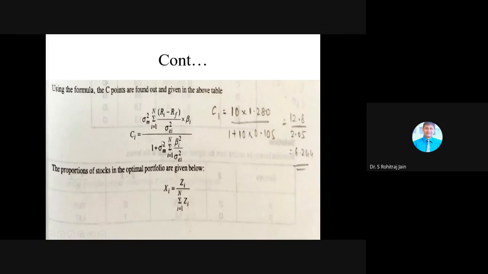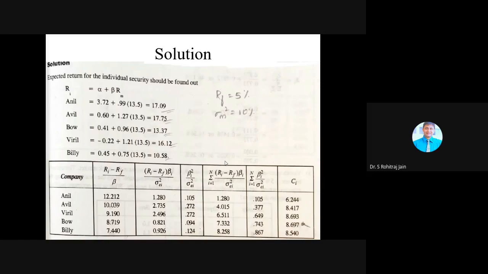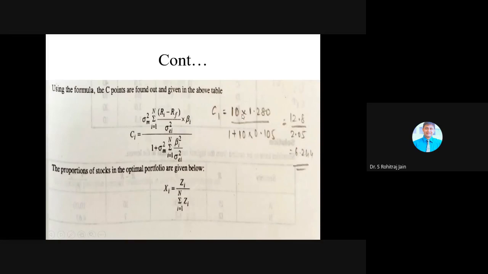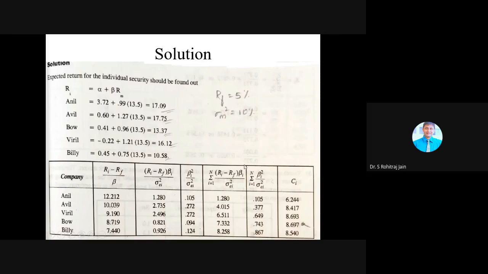Please use this formula, students. CI for the first stock, okay? First is variance of the market. So whether they have given, yes, 10 multiplied by summation of I is equal to 1 to n. That is this column, students, 1.280. All of you have calculated this, right? See here, the numerator is concerned, 10 multiplied by 1.280 divided by denominator, 1 plus 10 into 0.105.